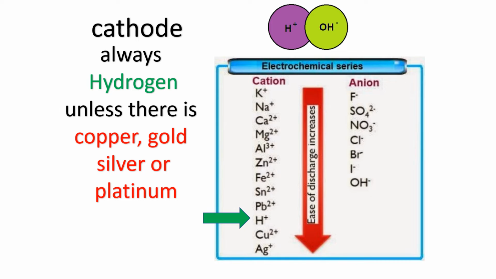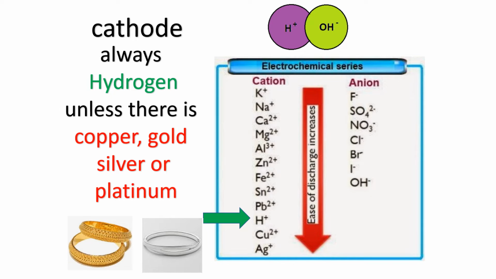It's almost always going to be the least reactive, and therefore the easiest to discharge. The exception to that is copper, gold, silver, or platinum, so basically copper or any jewellery metals. So the golden rule at the cathode is you will always discharge hydrogen unless you have copper, gold, silver, or platinum. That to me is a lot easier to remember than that whole list there.